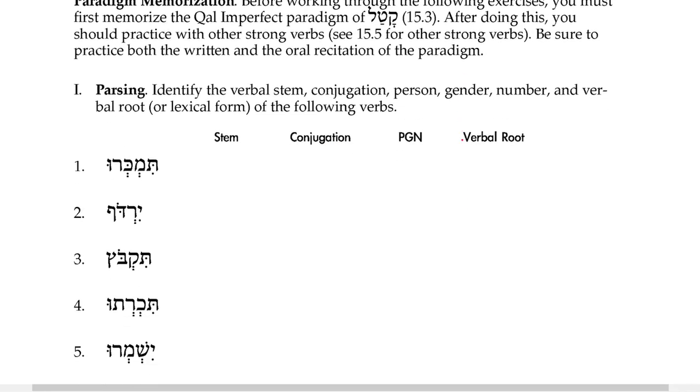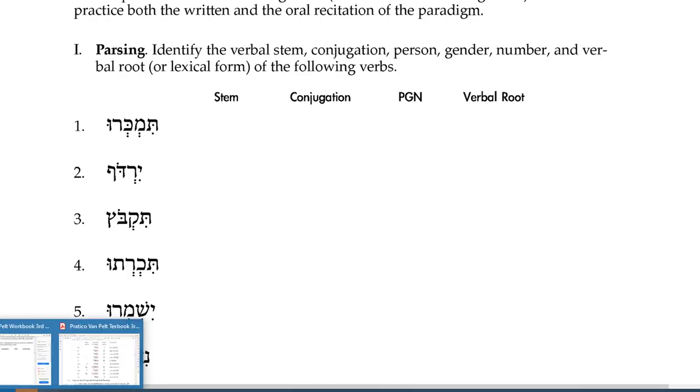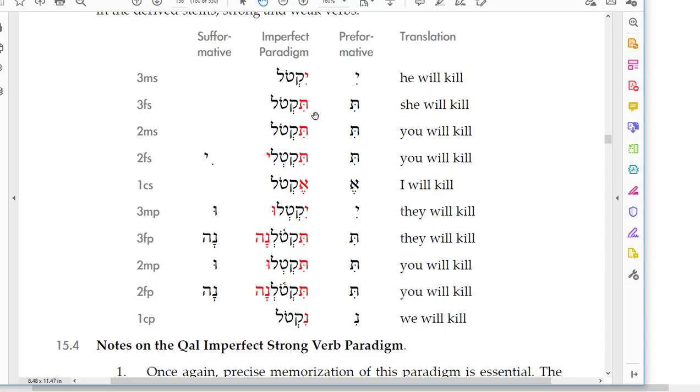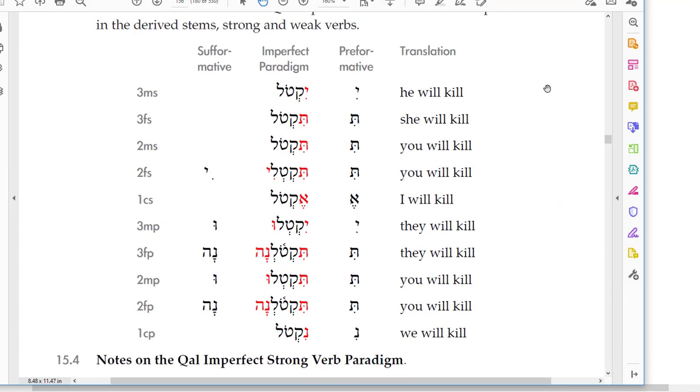So we are in chapter 15 of the workbook, and I want to go through a few of these parsing exercises of imperfects, just to go through some of the basics of parsing imperfect verbs. The chart for that is found in the grammar, and that is located here in section 15.3.